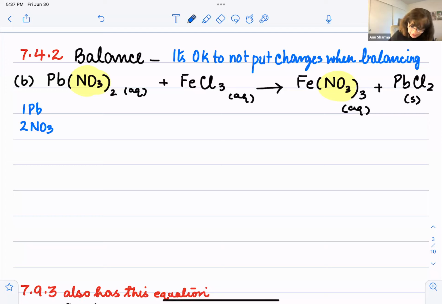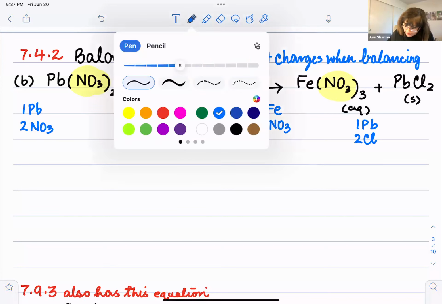All right, then you have 2 nitrates, then you have 1 iron, right? And then you have 3 chlorines, 3 Cl. Okay, you have 1 iron here and you have 3 nitrates, NO3. You have 1 lead and 2 Cl2s.